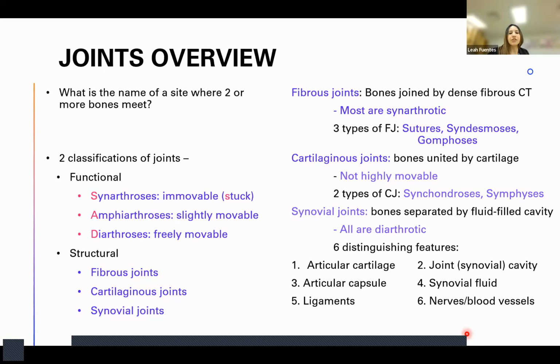There's a specific image that goes with these features. That is more lab though. Some examples of the synovial joints are your knee, elbow, shoulder, and hip. So some of the more common joints that we hear and learn about.